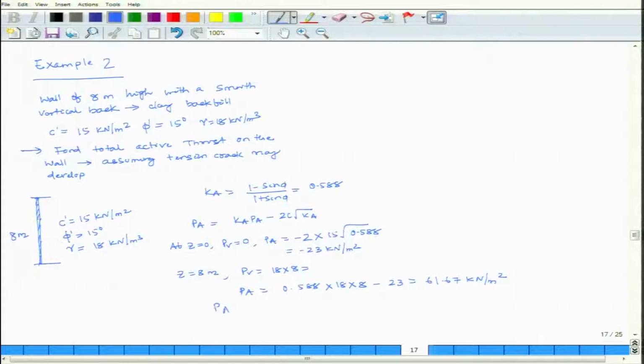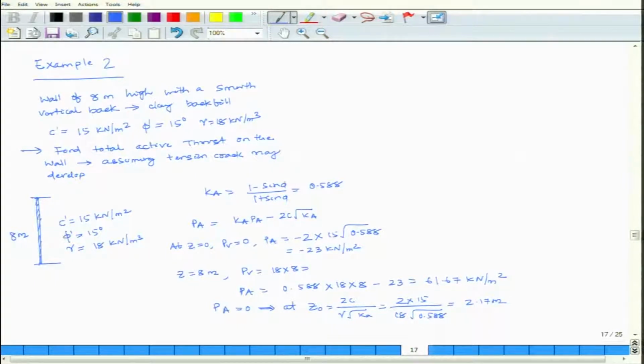Again, Pa is equal to 0, that means at Z0, which is equal to 2c by gamma root over of Ka, which is equal to 2 into 15 by 18 into root over of 0.588, which is equal to 2.17 meter.